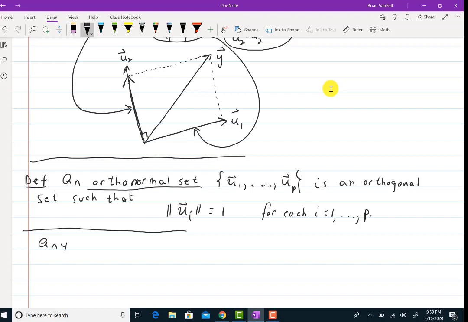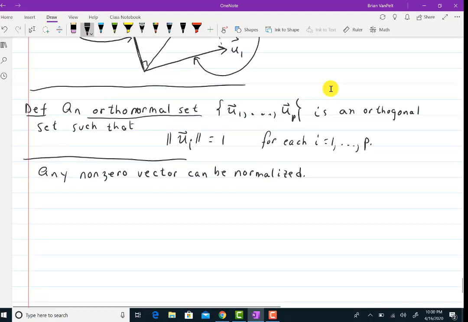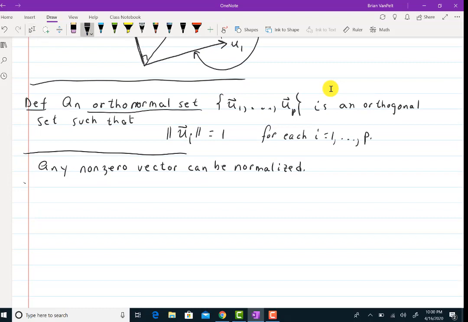Any non-zero vector can be normalized. So, as an example of that, we'll let u equal simply 1, 2, 3.